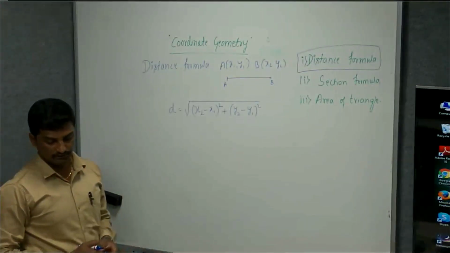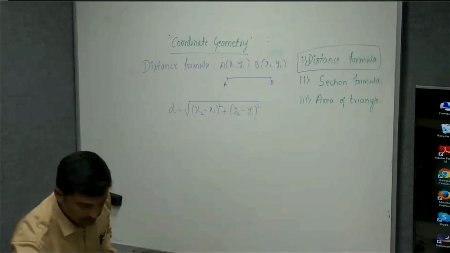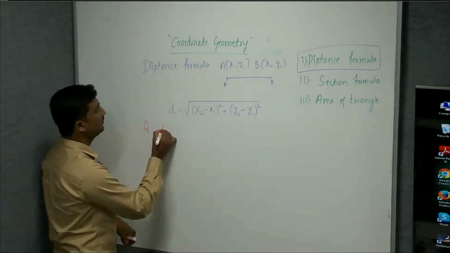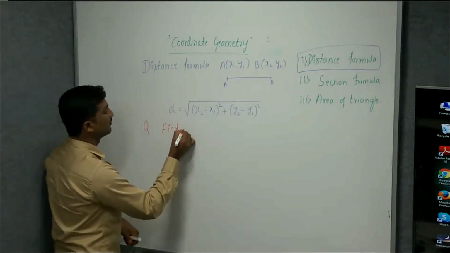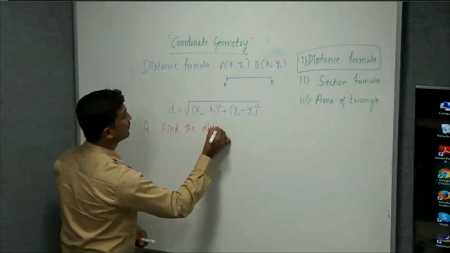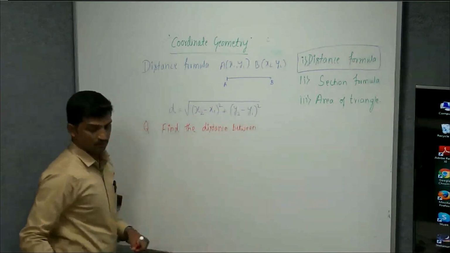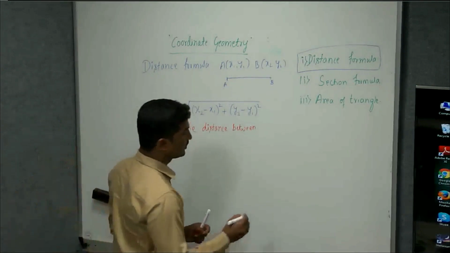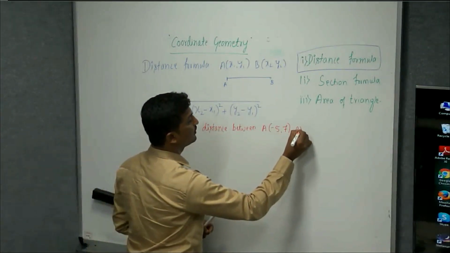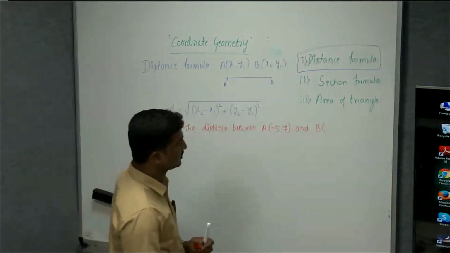My first question is, find the distance between 2 points, that is A (-5, 7) and B (-1, 3).